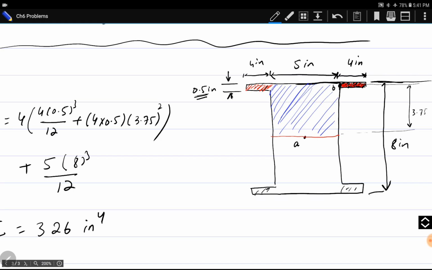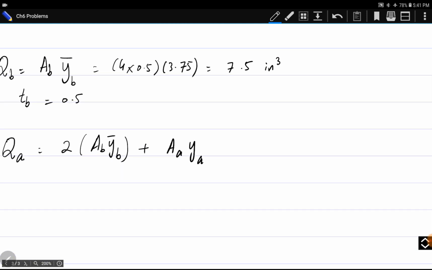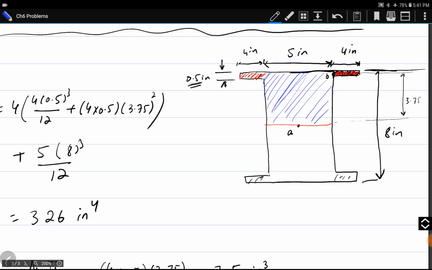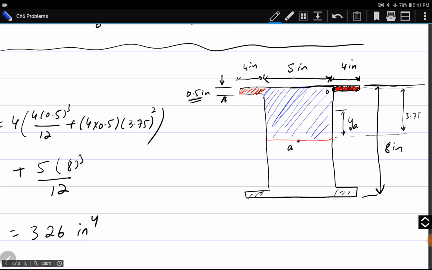This area is equal to 5 inches into 4 inches. So 2 times the previous value, which is 7.5, plus area A, which is 4 into 5, and YA, its centroid from the total centroid, is 4 divided by 2, which is 2.